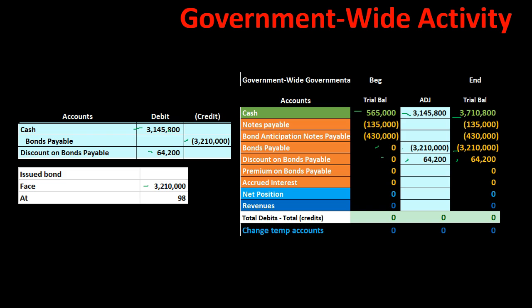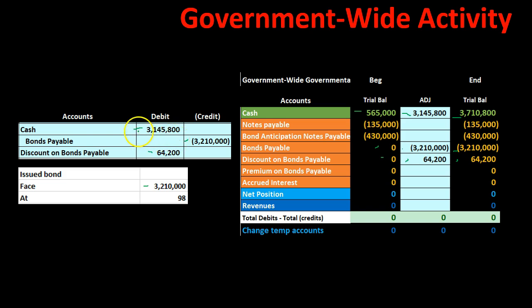So we're not going to have the bonds payable there, and we're not going to have the discount there. We're also typically going to put the cash on the books at the lesser of the face amount of the bond or the cash amount. In this case, we issued it at a discount, therefore the cash amount is less than the face amount of the bond.